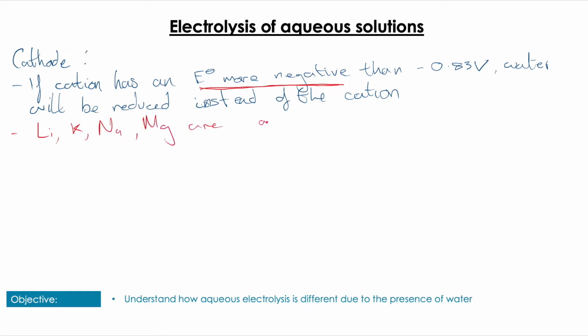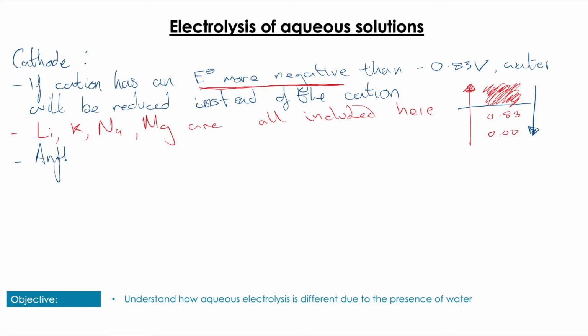This includes metals such as lithium, potassium, magnesium. All of these are in this area. If you look at your values, you'll see that value for water, negative 0.83. Anything below that will not be discharged, but anything more positive than water will be discharged.